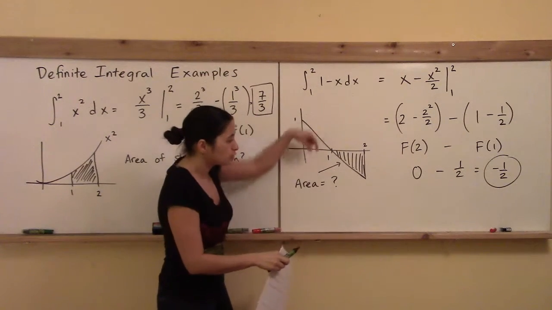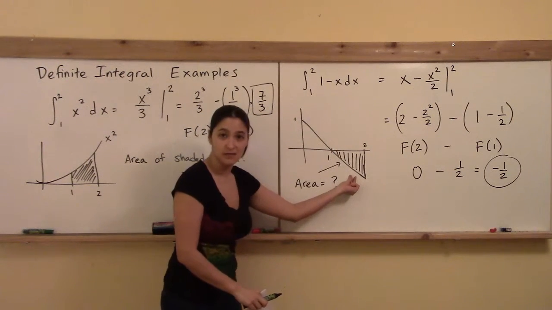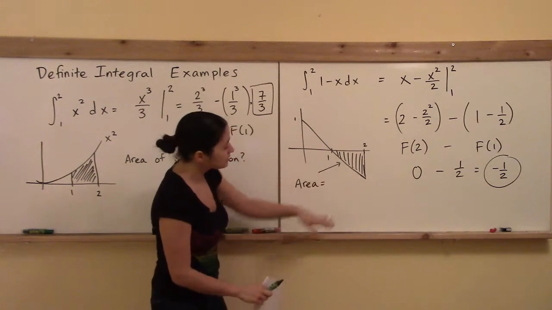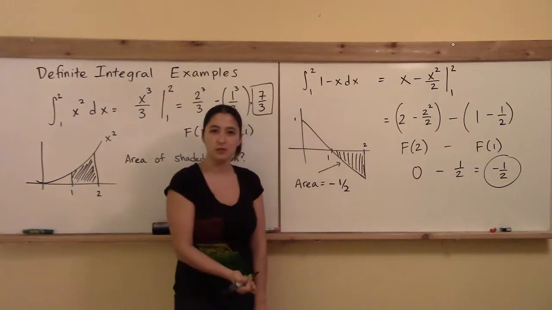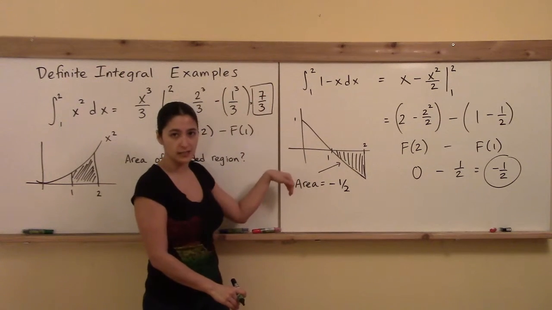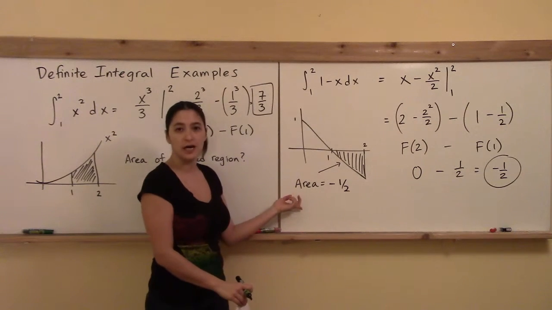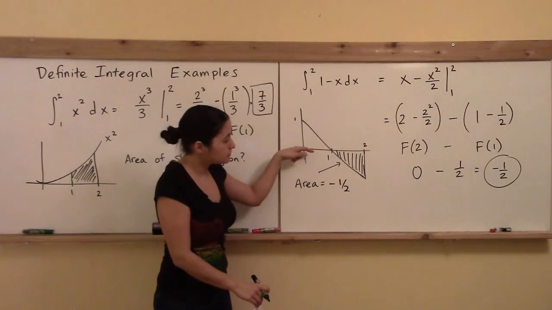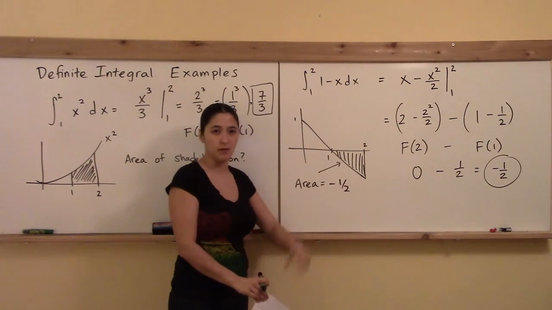When the function is below the x-axis like this, it actually results in a negative number. So sure enough, mathematically speaking, the area of this region is minus 1/2, and that's because it is located below the x-axis. When we calculate these areas using the fundamental theorem of calculus, every time the graph dips below the x-axis, that area counts as a negative amount.